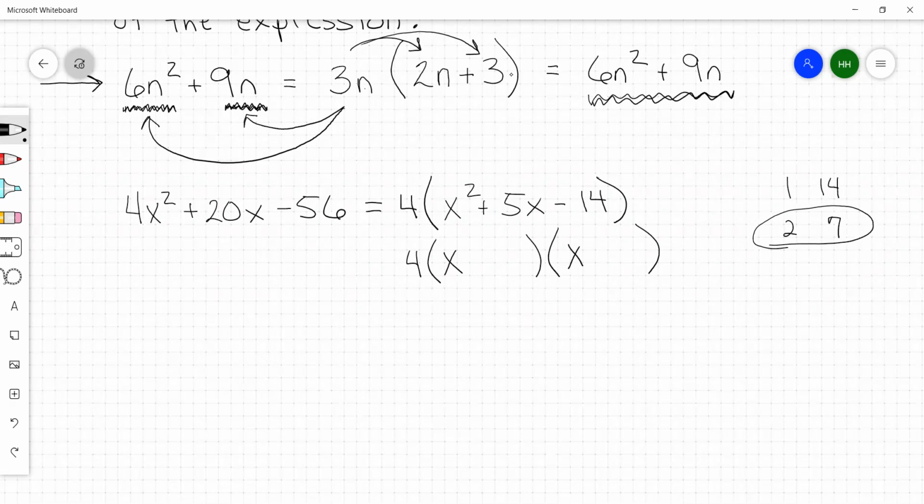Since this 5 is positive, and the 14 is negative, we got a plus 7 and a negative 2. Positive 7 times negative 2 is negative 14. Positive 7 minus 2 is positive 5. So those are your two factors. In this case, though, you were able to factor the 4 out first. So if you can pull a factor out in the first step, do it. It'll make your factoring much simpler.